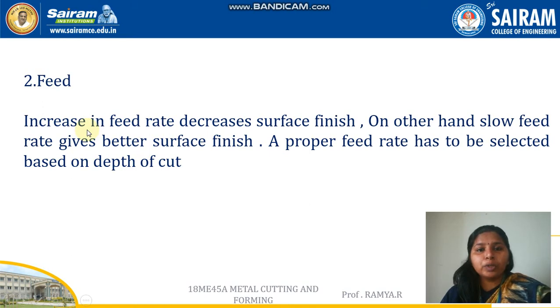If the feed rate is low, it gives a better surface finish. In cutting speed, we saw low speed decreases surface finish and high speed increases surface finish, whereas in feed, high feed decreases surface finish and low feed increases surface finish.